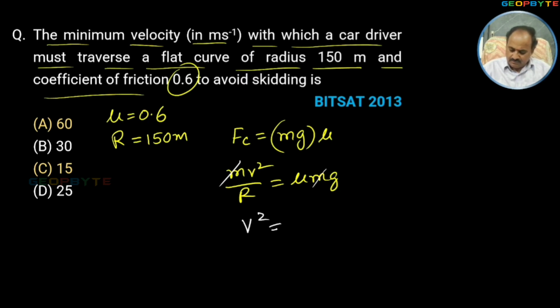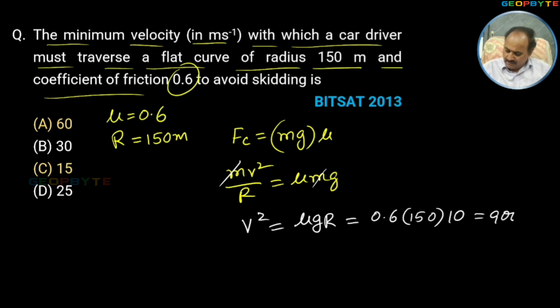Then v square equal to mu g r, which is 0.6 times g 10 times r 150. It is equal to 150 into 0.6 into 10, which is 900.